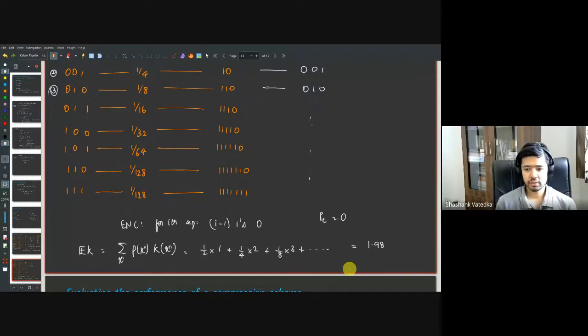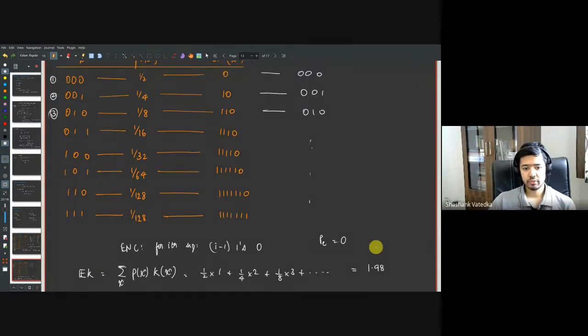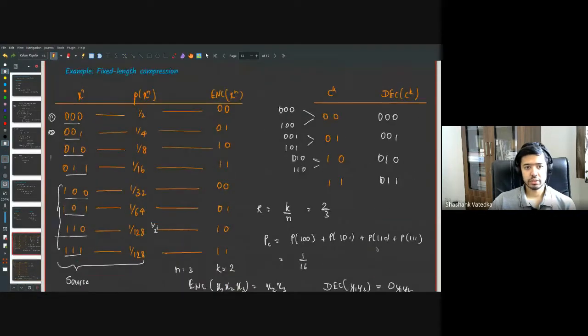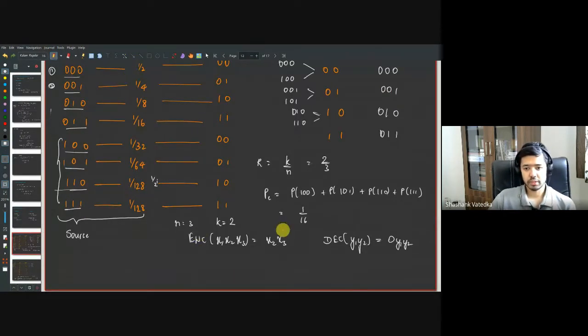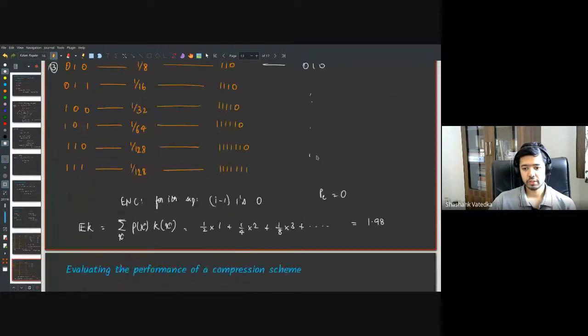So now this was 1.98. But then with this fixed length compressor, we got 2 bits, right? So the length is always equal to 2. Whereas in this case, we achieved an even smaller compressed length, but this is achieved only on average.